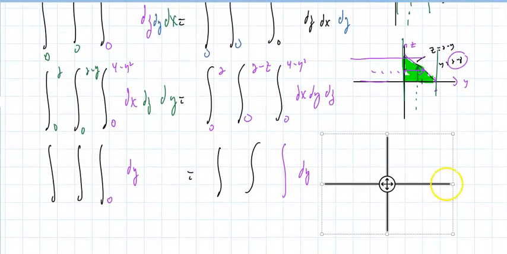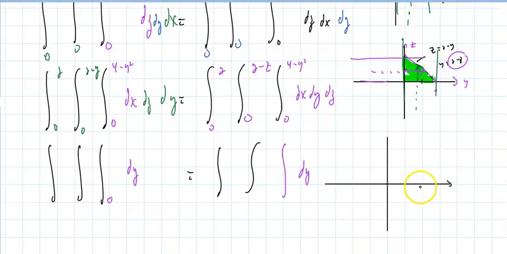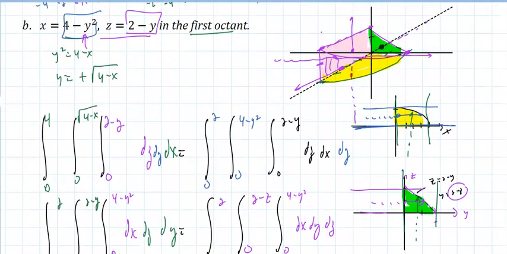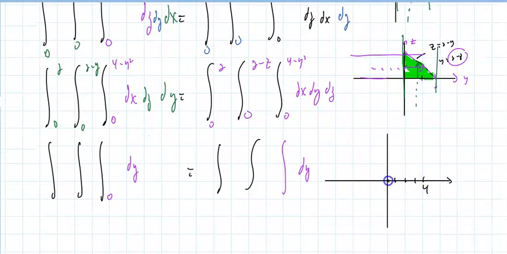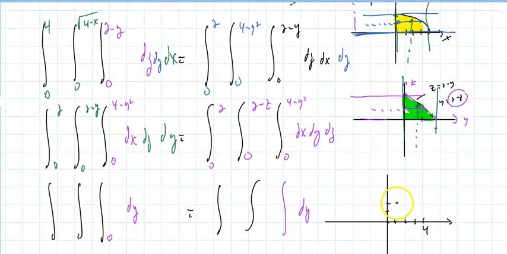X is gonna run to 4. Z is gonna run to 2. It's gonna enter out of the rectangle. Let me make that bigger.